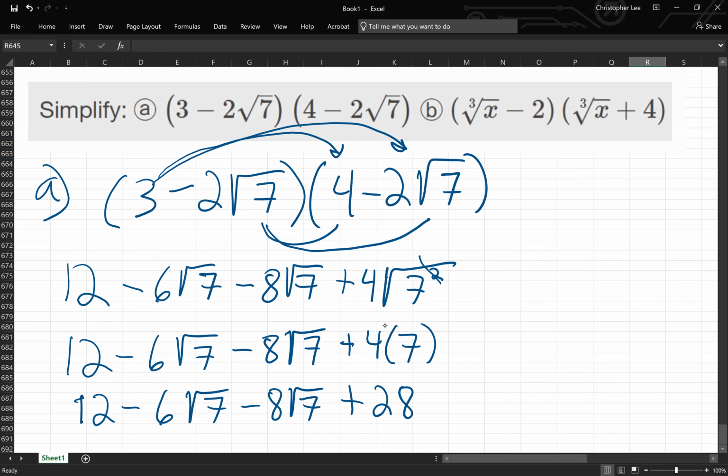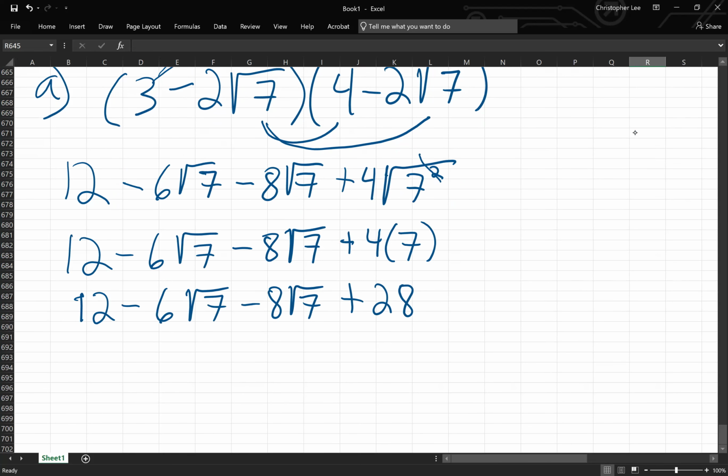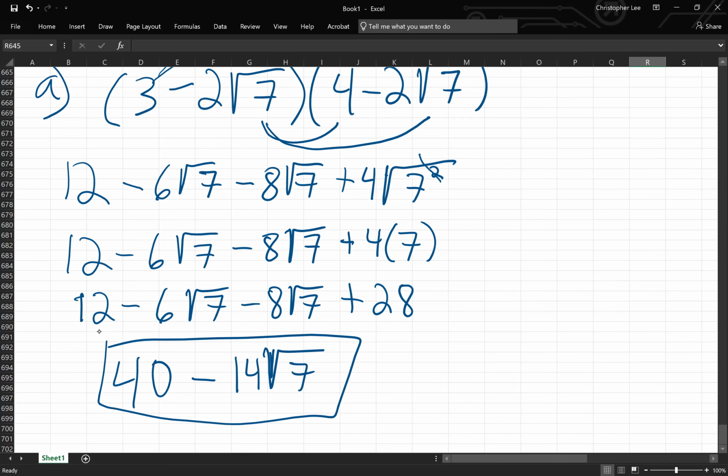Combine like terms, a fancy way of saying add: numbers with numbers, radicals with radicals. 12 plus 28 is 40. Negative 6 square root 7 minus 8 square root 7 gives me negative 14 square root 7. And that's my final answer.